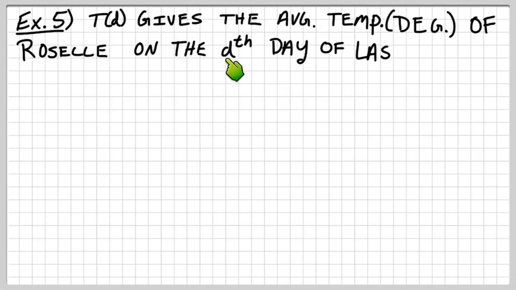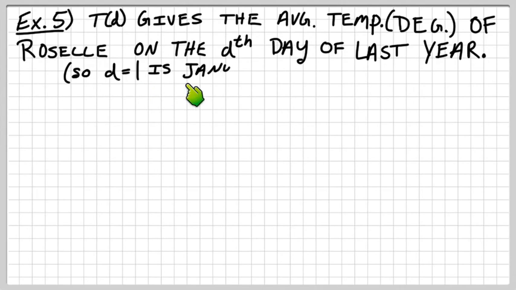You plug in whatever day it is, the dth day of last year. So d equals 1 would be January 1st, and so on and so forth. So that's our setting. We have a function, you plug in the day, and this gives you the average temperature for Roselle on whatever that day was last year.